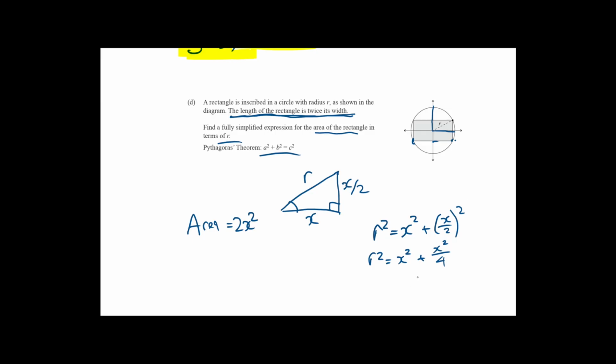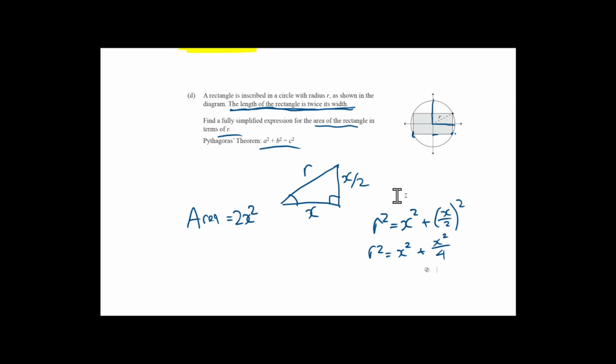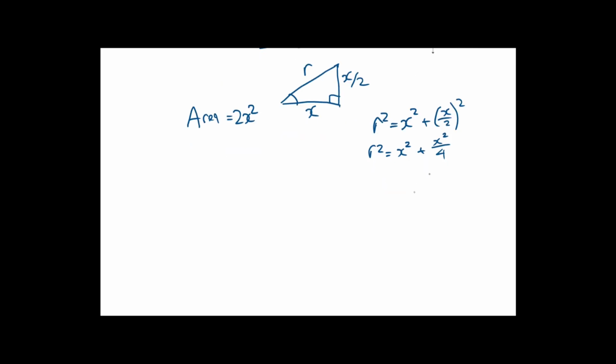Adding those together is going to be a bit of a hassle. It's going to be 5 over 4, but let's put a 4 there and a 4 there so we can have a common denominator. If I multiply by 4 and divide by 4, they're going to even out to 1.